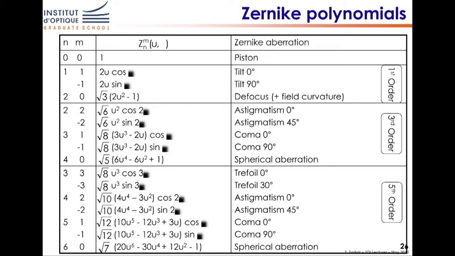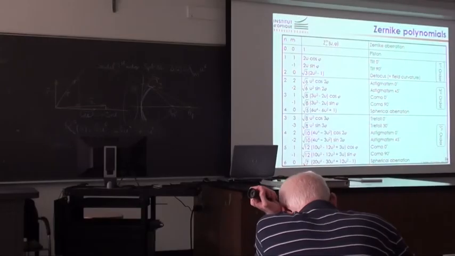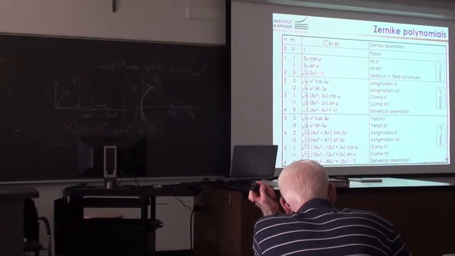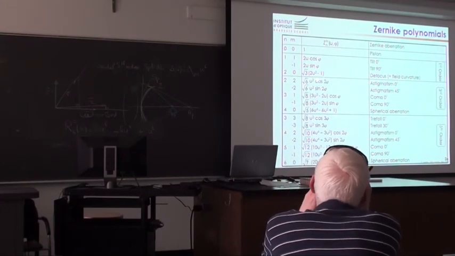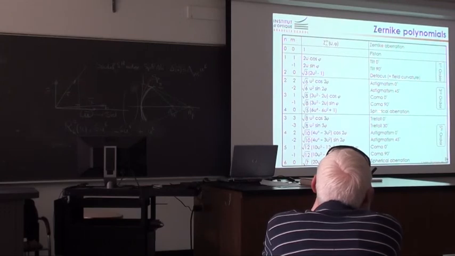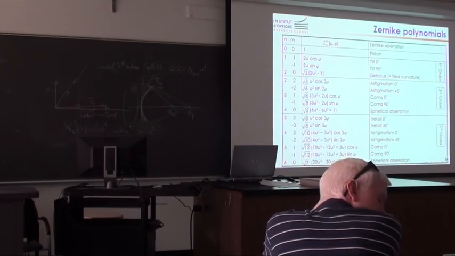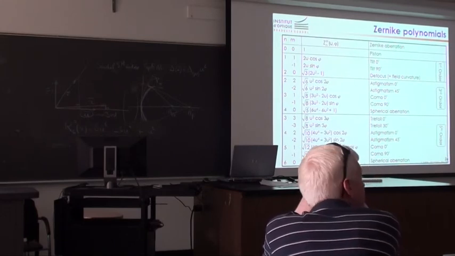Actually, piston should be orthogonal to all the other polynomials. Piston is a constant, okay? So it means that the average of all the other polynomials should be 0 in order to be orthogonal to the first one. Astigmatism, coma, one I've just shown, spherical aberration. Well, and then we keep going, and they have fancy names because it varies by 3 phi, so they call them trefoil.